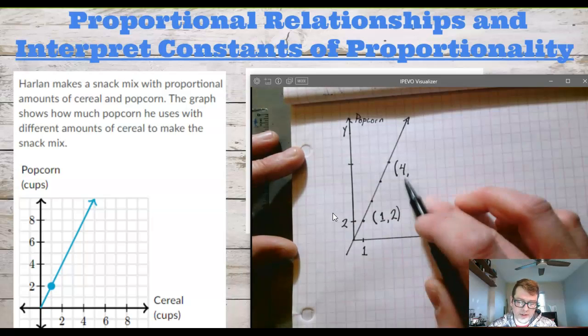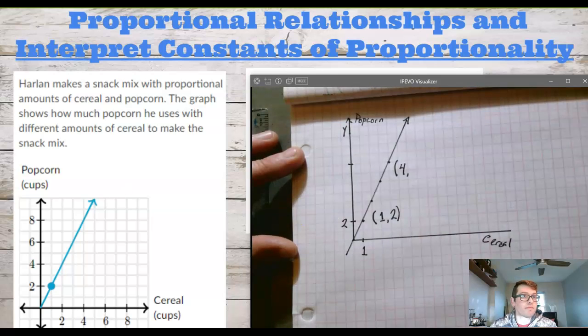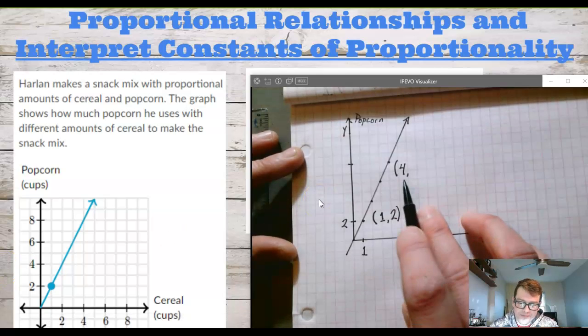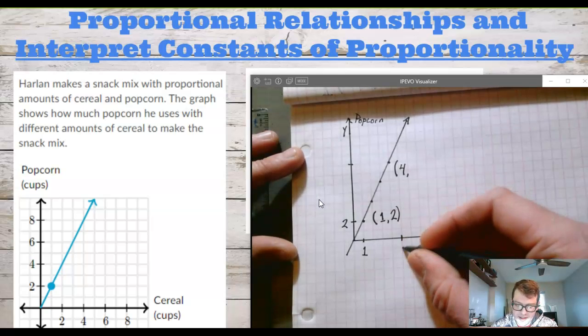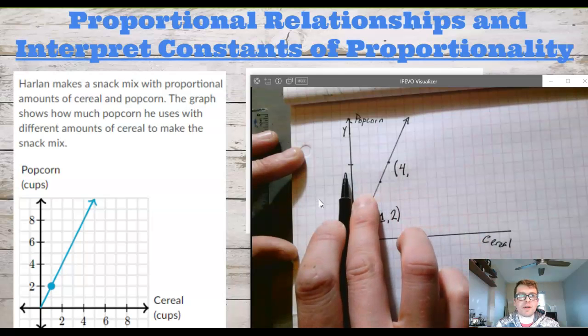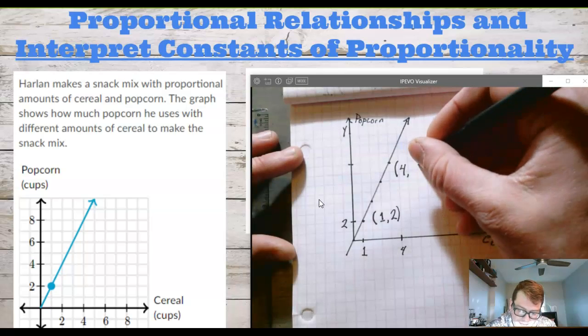Wait, I may have just said that backwards. If I use 4 cups of cereal on my x-axis, how many cups of popcorn will I use? 8.